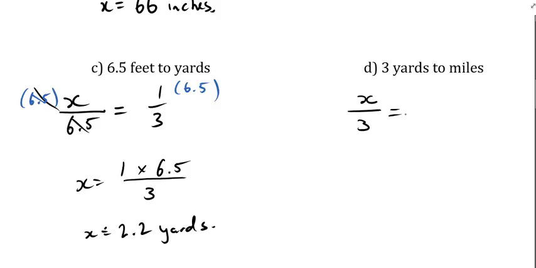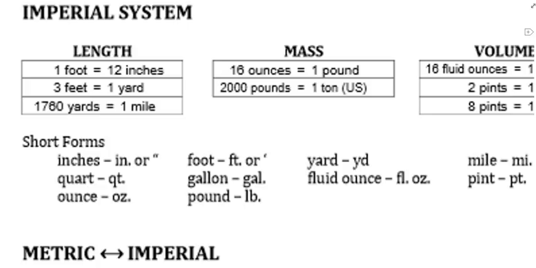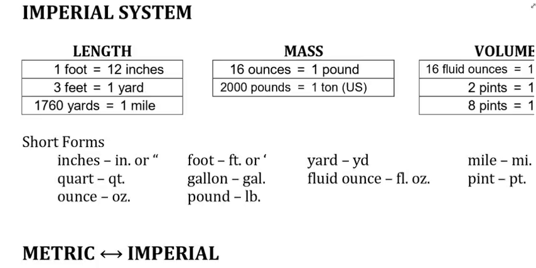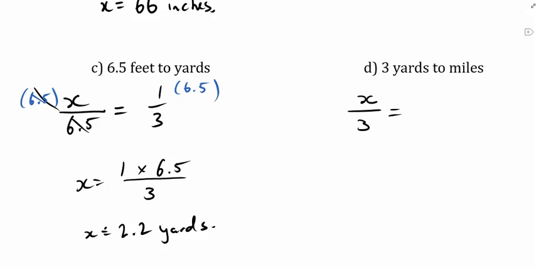Miles is on top. Yards is on bottom. So I find the conversion factor on my sheet, and it is right there. So if 1 mile is 1,760 yards.